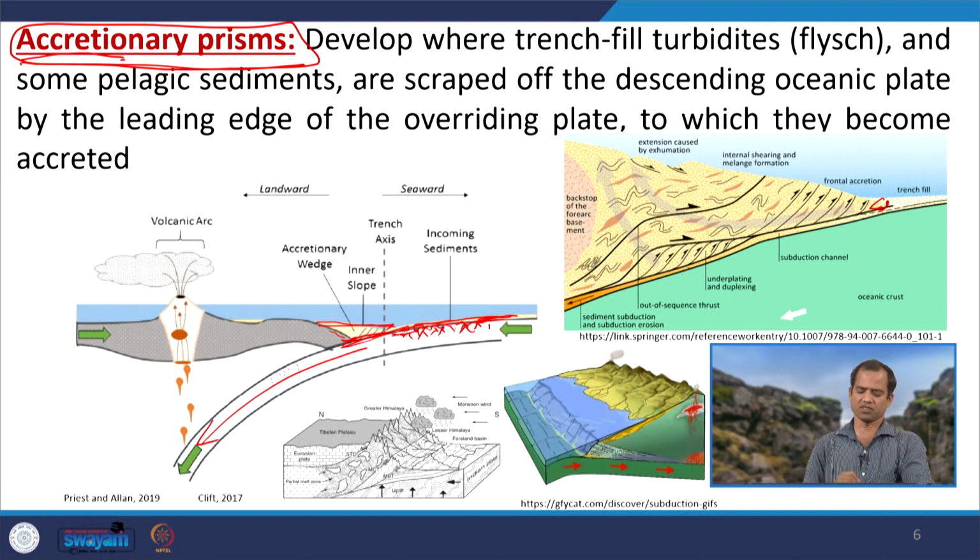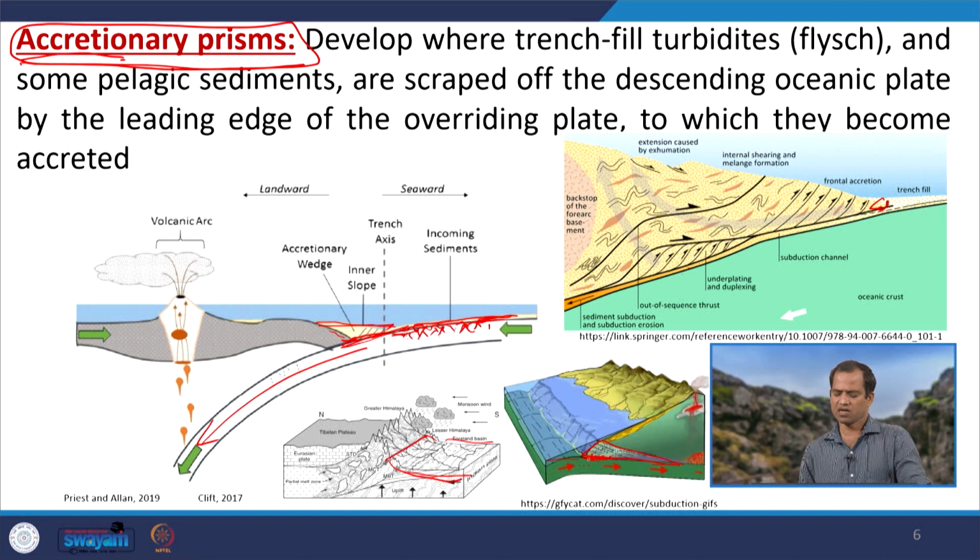And this accretionary prism is equivalent to the foreland basin in the continental system. If you see this animated image here, this material is going down and finally it is added at the lower side of this prism. This is the accretionary prism which is developed, and this subducting material is scraped off from the upper part of the plate and welded below the lower side of this material.